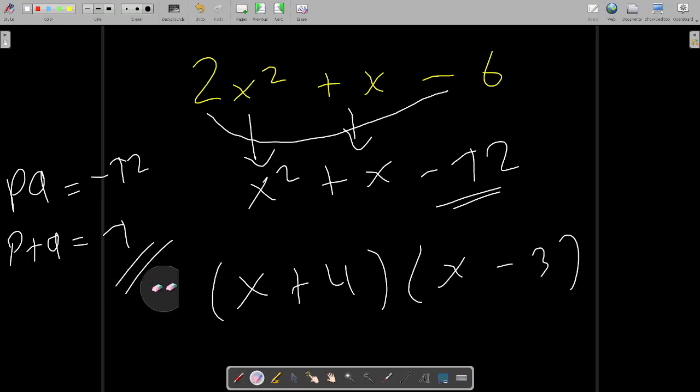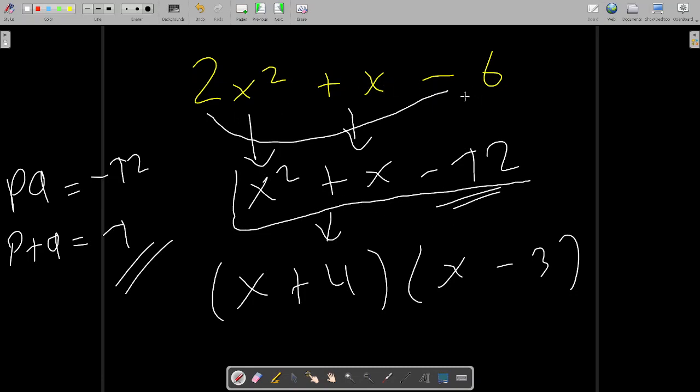Now, this is not our final answer. As I said, this is just the x squared plus x minus 12 factorized, but it is not 2x squared plus x minus 6. So now, bear with me for a second, what we need to do is put down the a in front of the x's.